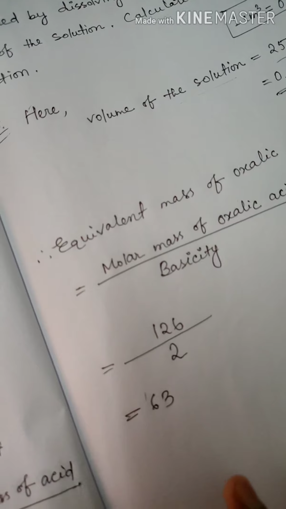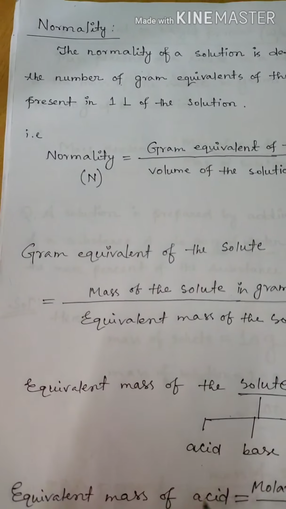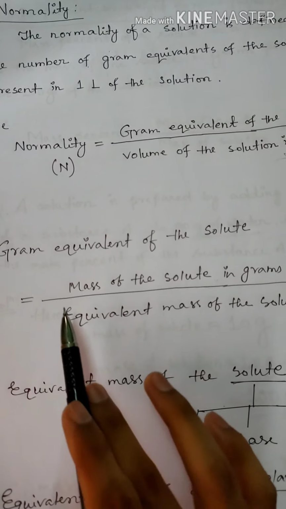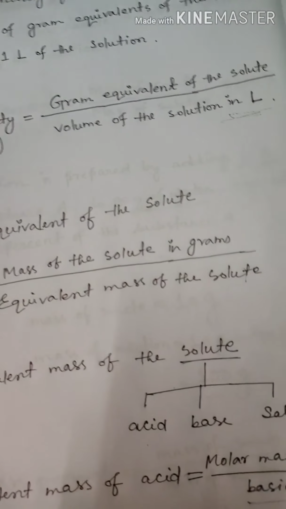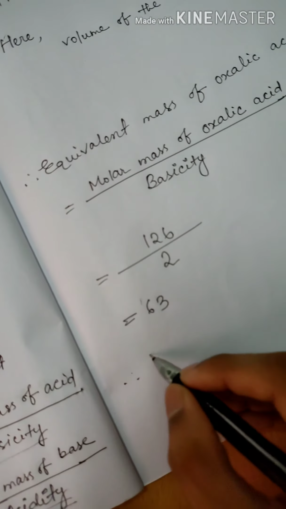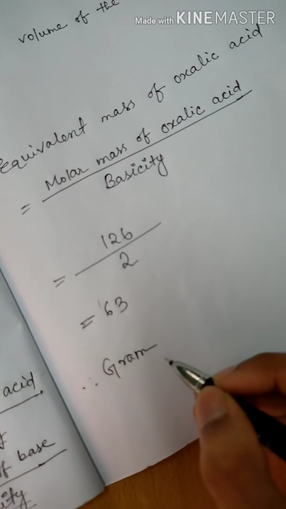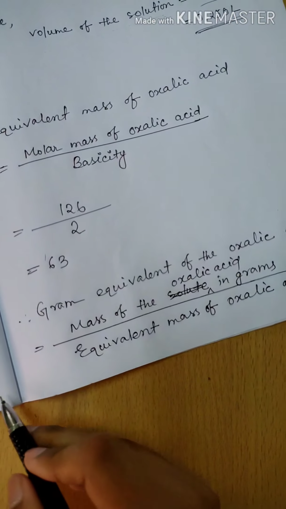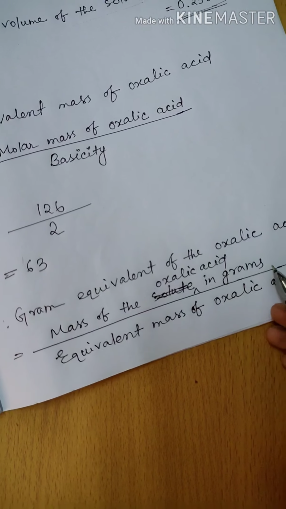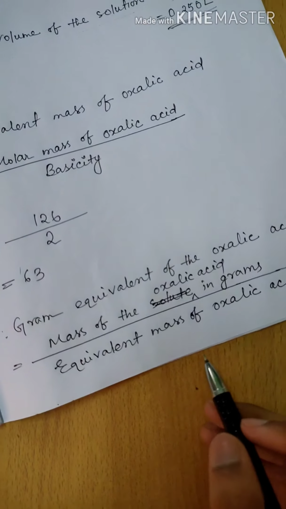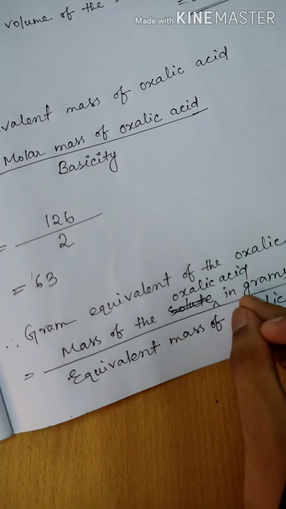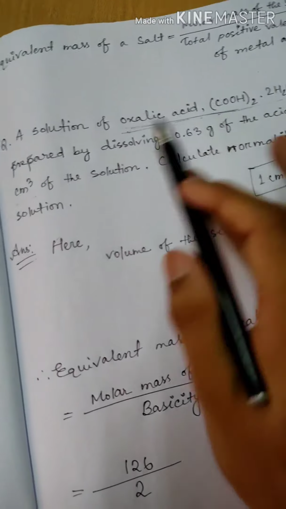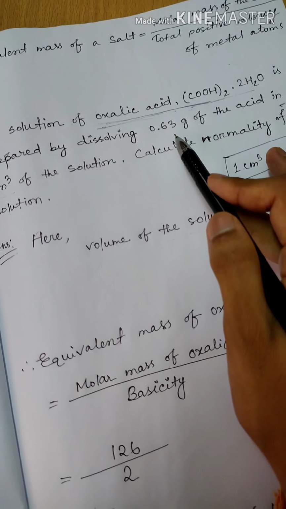Now we shall calculate the gram equivalent of the solute. Here our solute is oxalic acid, so we shall find the gram equivalent of oxalic acid. Therefore the gram equivalent of oxalic acid is equal to the mass of oxalic acid in grams divided by the equivalent mass of oxalic acid. The mass of oxalic acid in grams is given in the question: it is prepared by dissolving 0.63 gram of the acid.